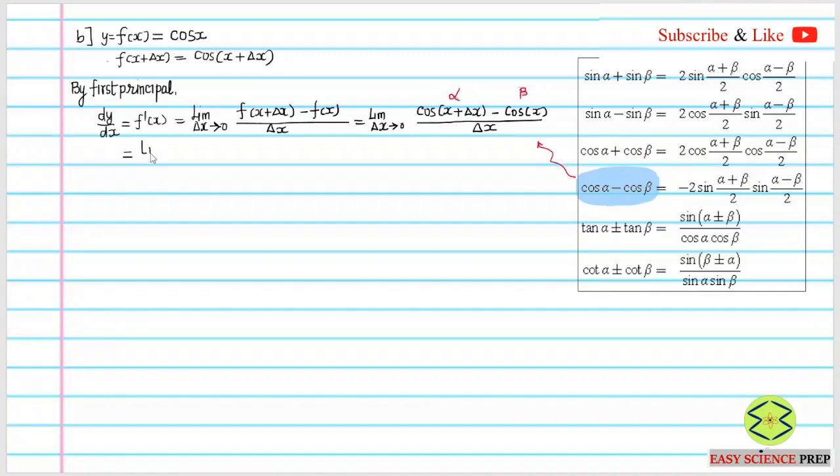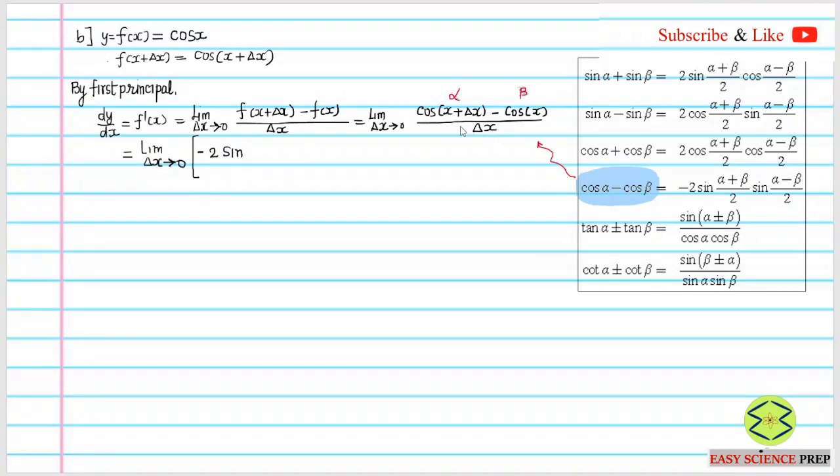So we shall be getting limit delta x tends to 0. Now here we have minus 2 times sine of alpha plus beta by 2.